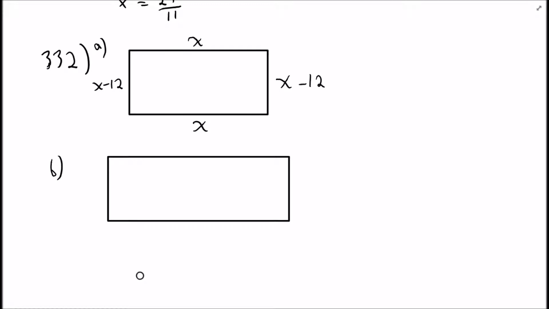If the length is 30 meters longer, that just must be x plus 30. And if the width is 30 meters longer, notice in the first one I had x minus 12, so I'm going to add 30 to 12, giving me x plus 18. Making the other width x plus 18 as well.